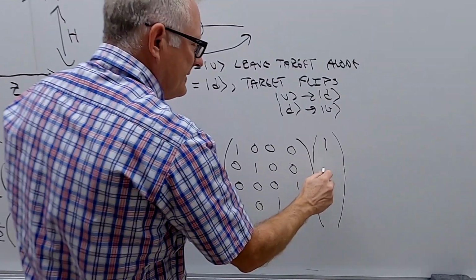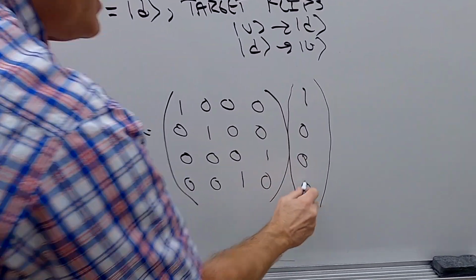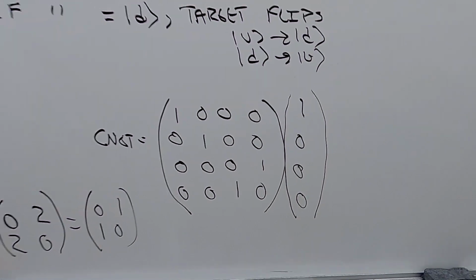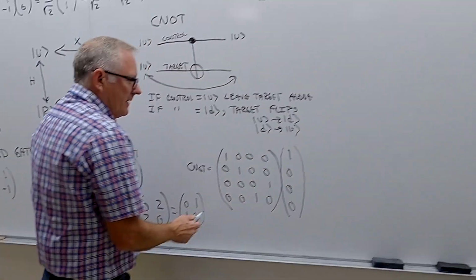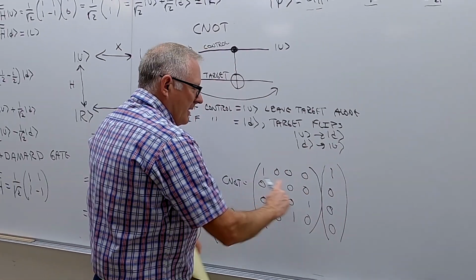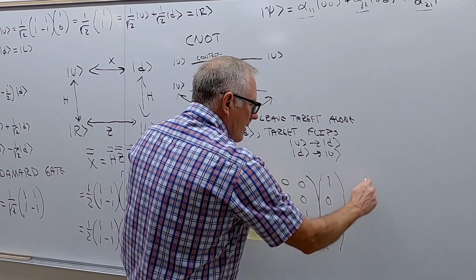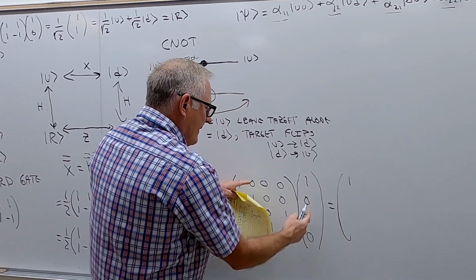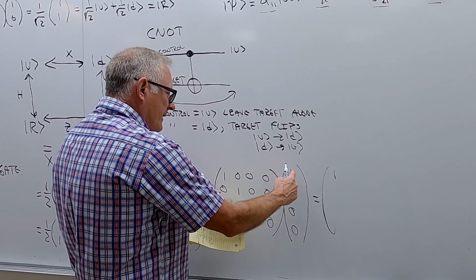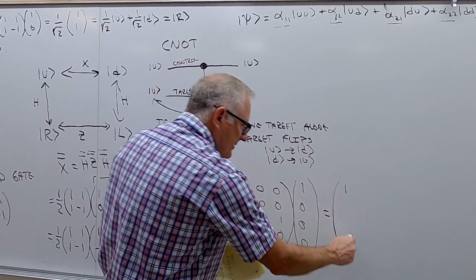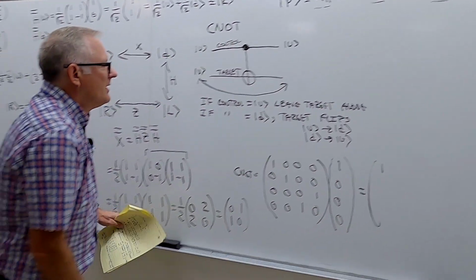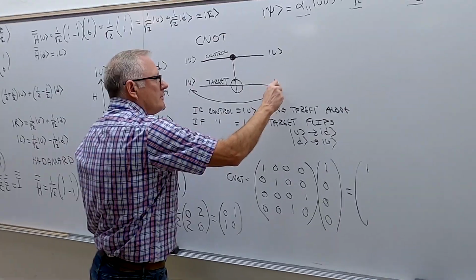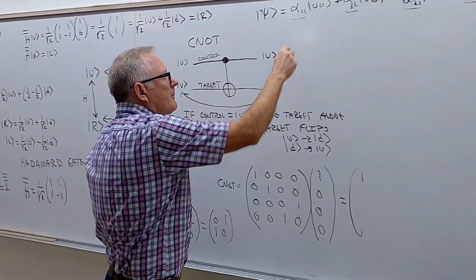So up, up would just give you that. And if we multiplied this by it, it would give me the same thing, because this first one would be 1, and then you get a bunch of zeros. The next ones don't match up, so you get 0, 0, 0, 0, and it would just give you up, up. So up, up just goes to up, up.